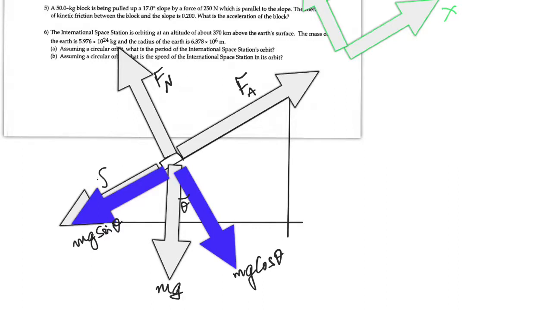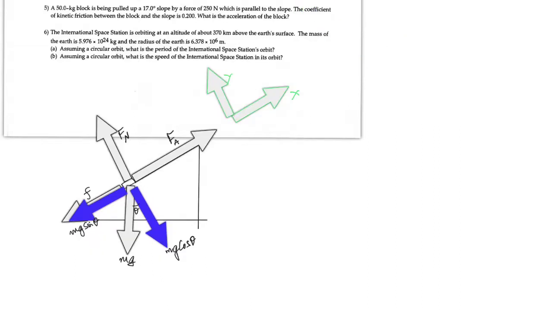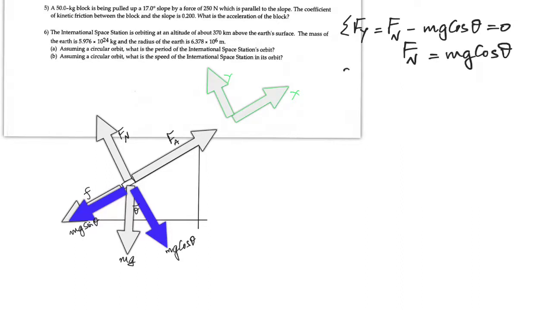And then we can find the net force along the y. We have Fn minus mg cosine theta is equal to 0, which gives us Fn is equal to mg cosine theta, using which we can calculate the friction, because friction is mu times Fn. So that is mu times mg cosine theta.